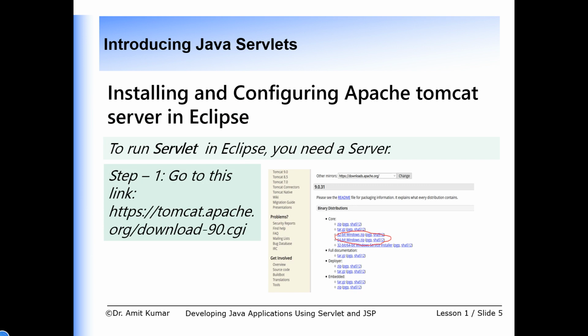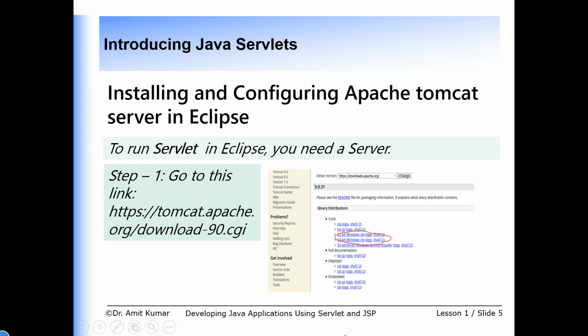In order to run a servlet in Eclipse IDE, you need to have Apache Tomcat server configured in Eclipse IDE. So I will tell you how to first download Apache Tomcat for Eclipse, and after downloading, how to install Apache Tomcat in Eclipse.